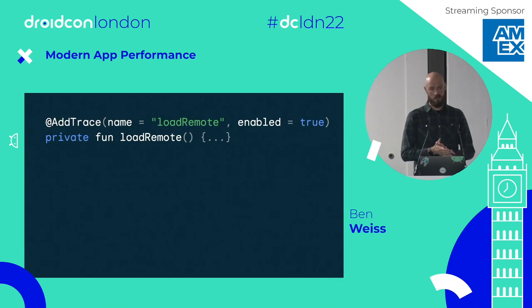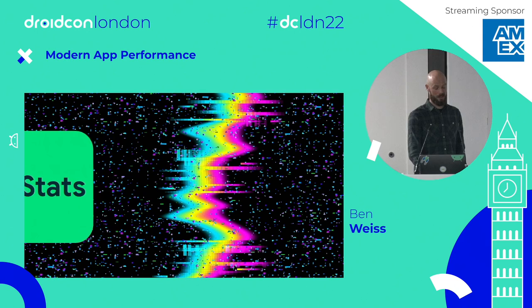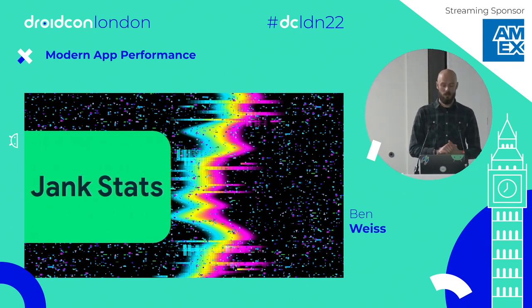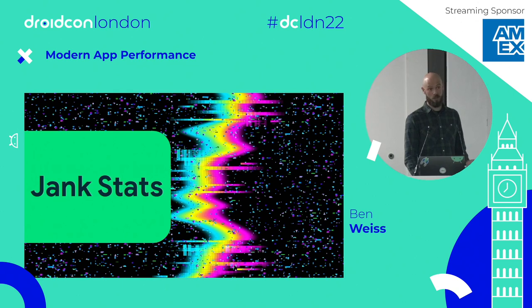When it comes to jank, we have an API that's currently in alpha, but it's really cool. So that's JankStats. That gives you the possibility to aggregate every single frame that is frozen, slow, or otherwise janky in your application. And you can then aggregate that and report it to your own reporting.